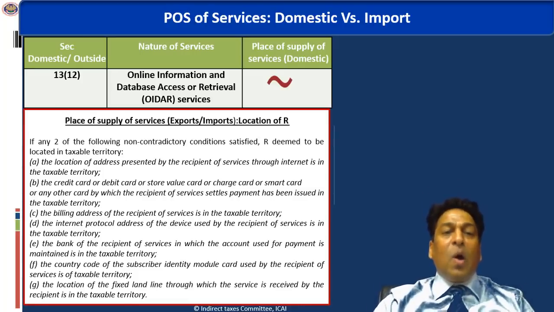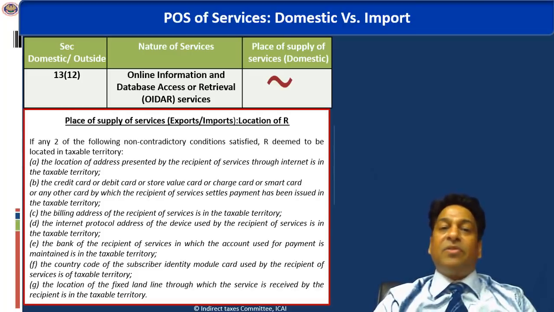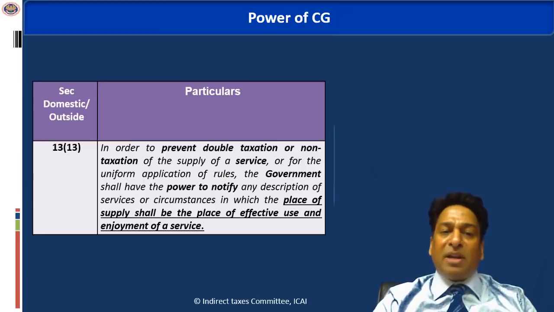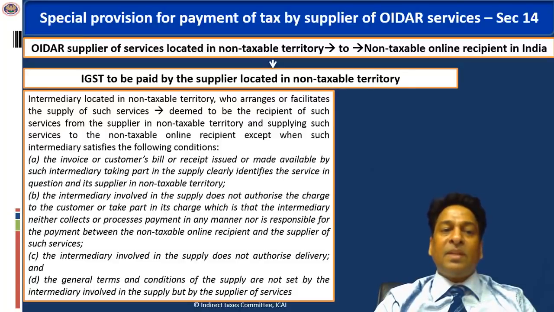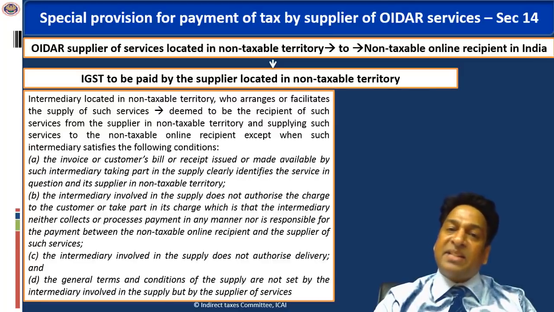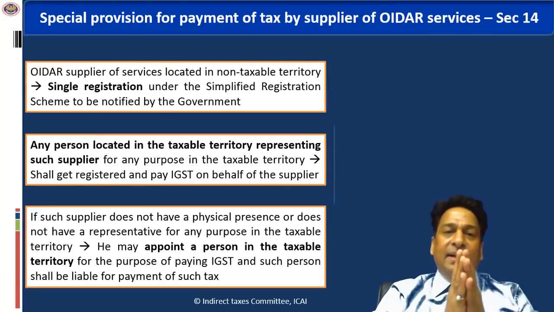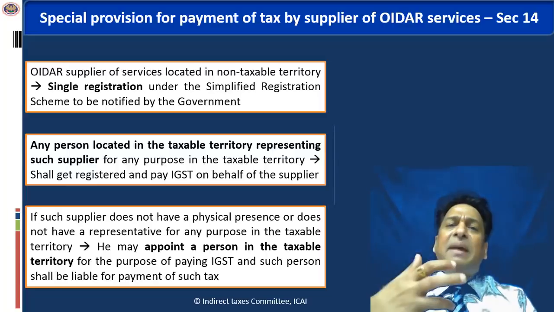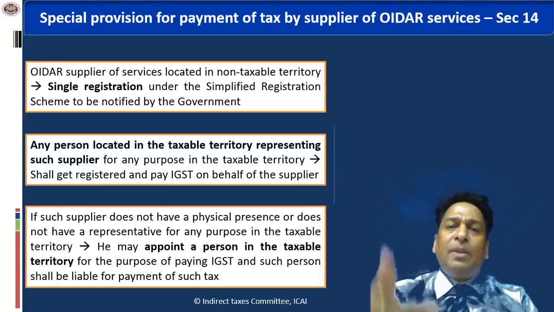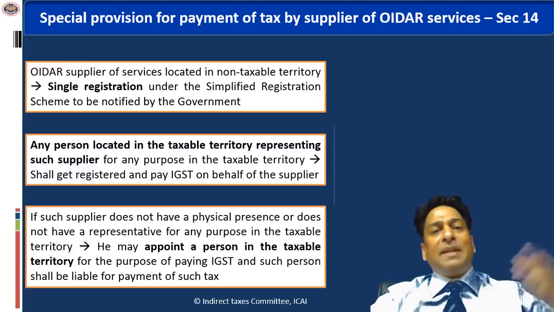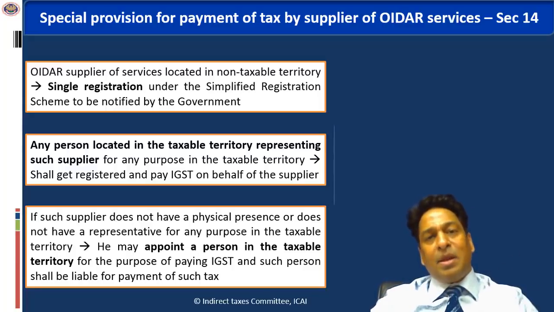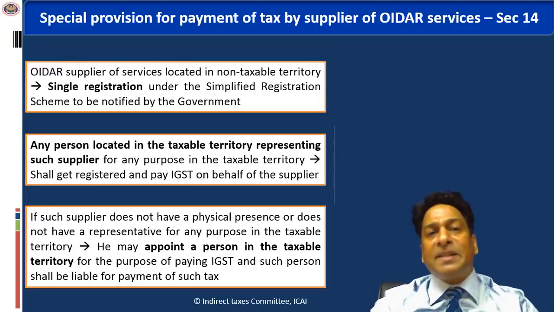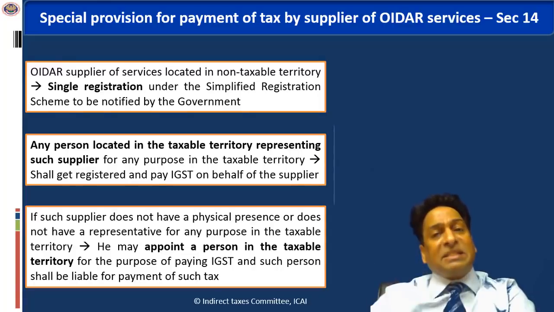Now let's look at online information database access retrieval service, which has been given under section 13 subsection 12, but importantly, which I would like to highlight here, section 14, which refers to online information database access retrieval service. What is this? You must know that as on date we are into E mode. A lot of information database access retrieval services are available through online mode. So what happens if a supplier located outside India provides online information database access retrieval service to a customer in India?